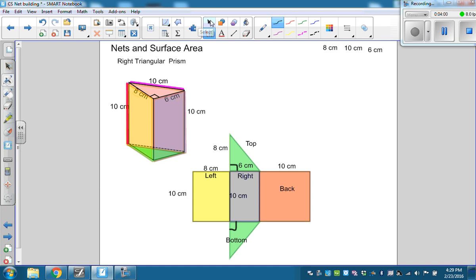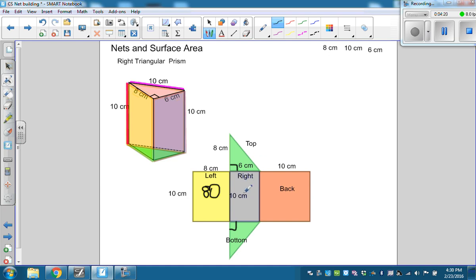So now we have enough information to write in all the pieces. The left side, or the yellow rectangle, is an 8 by 10. So that's 80 square centimeters. The smartboard's not working very well, so I'm writing with the mouse.